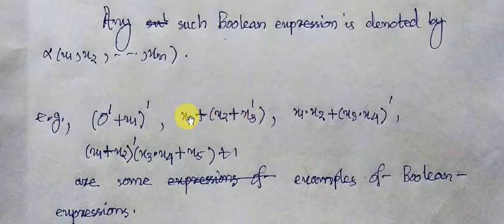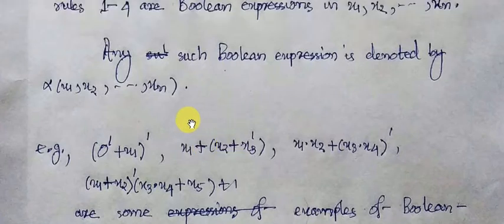And this expression x1 plus x2 plus x3 complement is a Boolean expression, and such expressions are in general denoted by alpha of x1, x2, x3, conventionally, this expression being formed with these three Boolean variables.